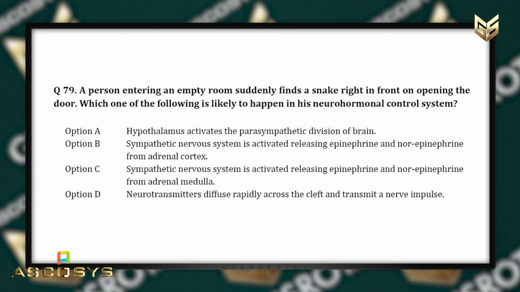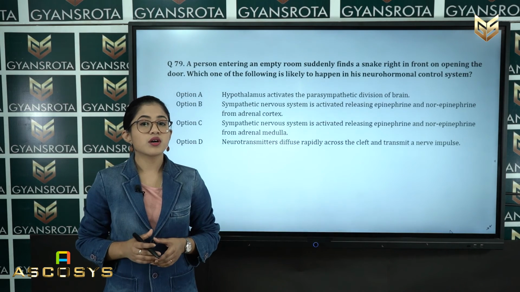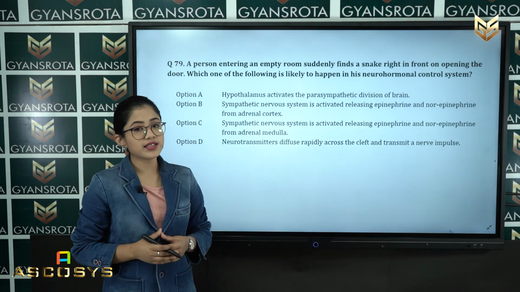Option C, sympathetic nervous system is activated releasing epinephrine and norepinephrine from adrenal medulla. And option D, neurotransmitters diffuse rapidly across the cleft and transmit a nerve impulse. Student, what is the correct answer among this?